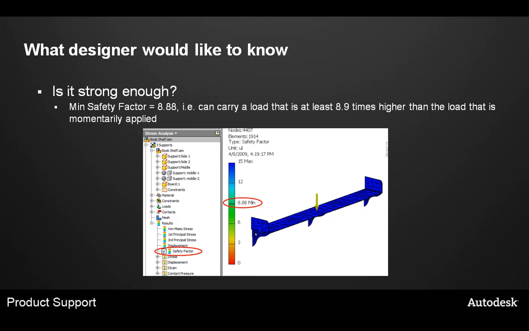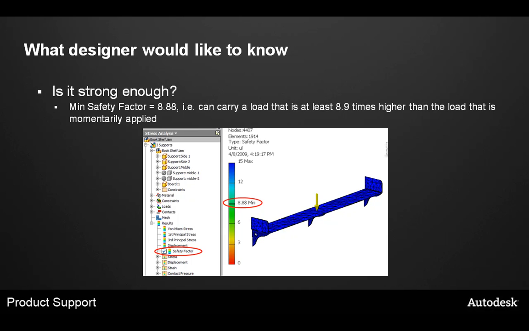It might not be very obvious, but the location to find this minimum safety factor is to look on the colored bar and look for the word or the abbreviation min behind the number. I didn't spot it originally, so someone had to tell me, so I prefer to tell it to everyone here as well.